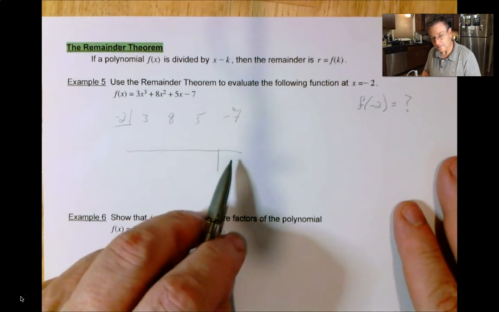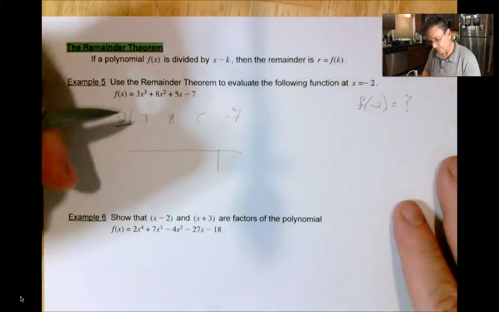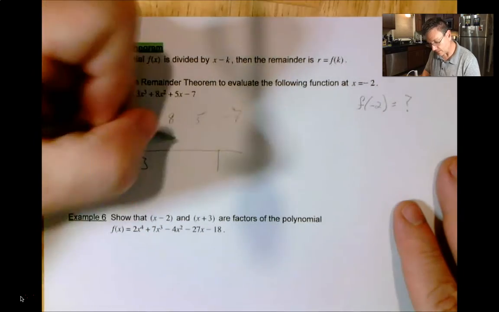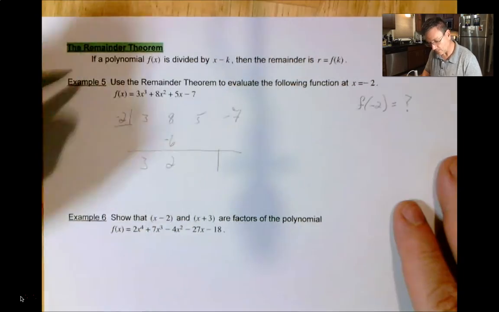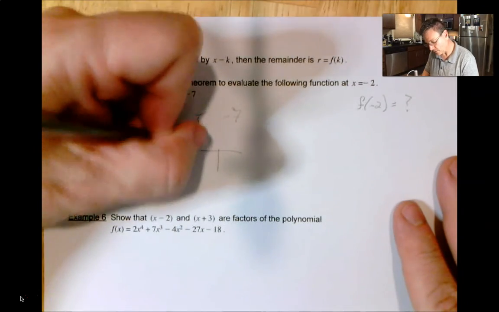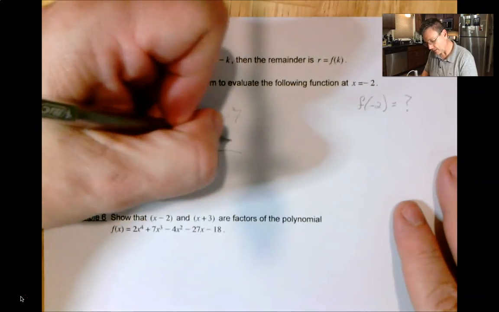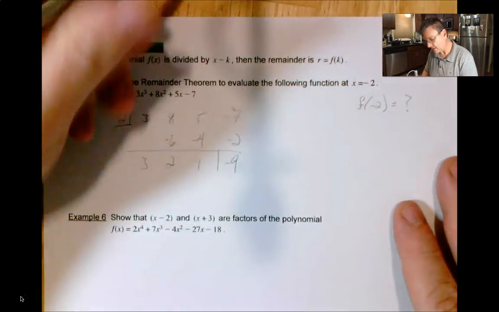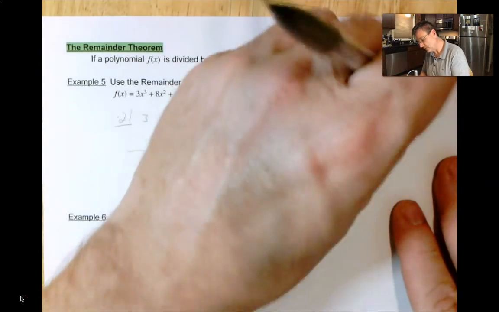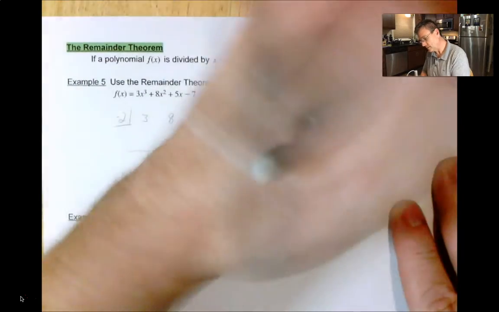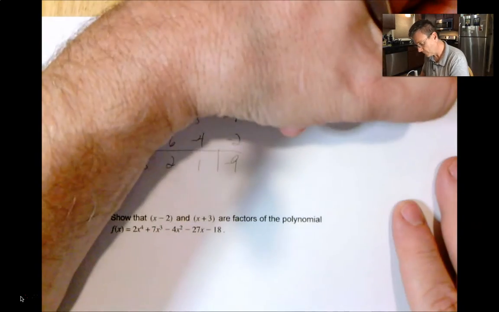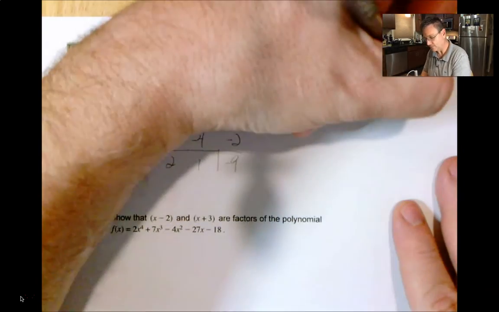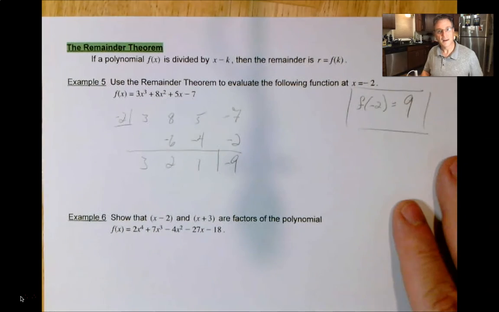Bring down the 3. Negative 6, 2. Negative 4, 1. Negative 2, negative 9. F of negative 2, we now know, equals negative 9. The remainder theorem. Pretty easy, straightforward.